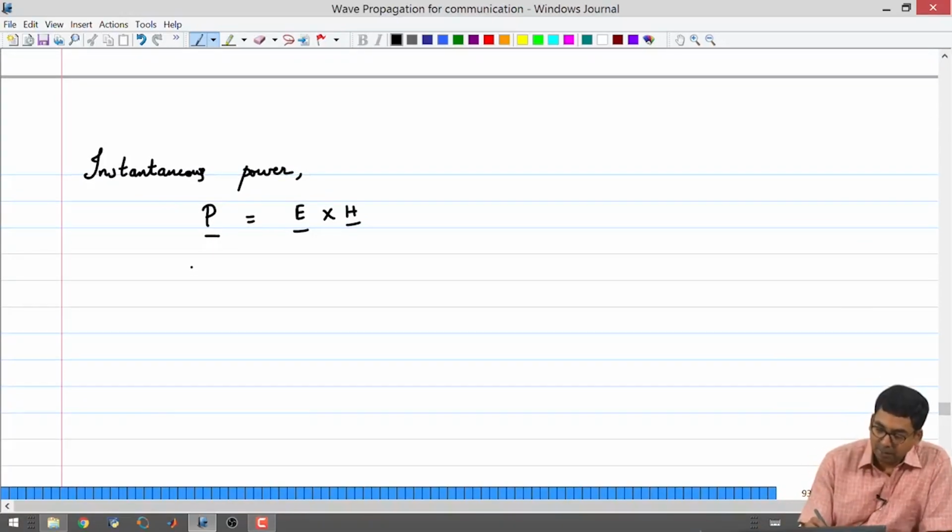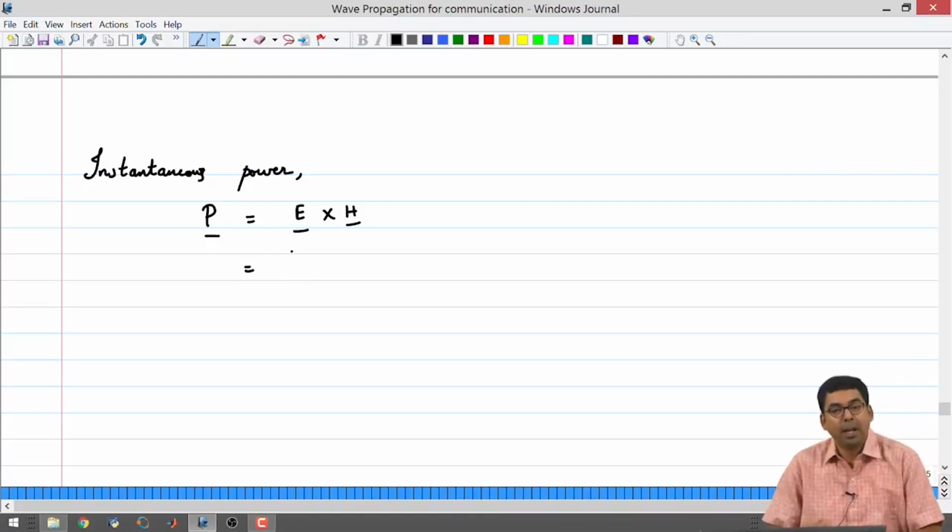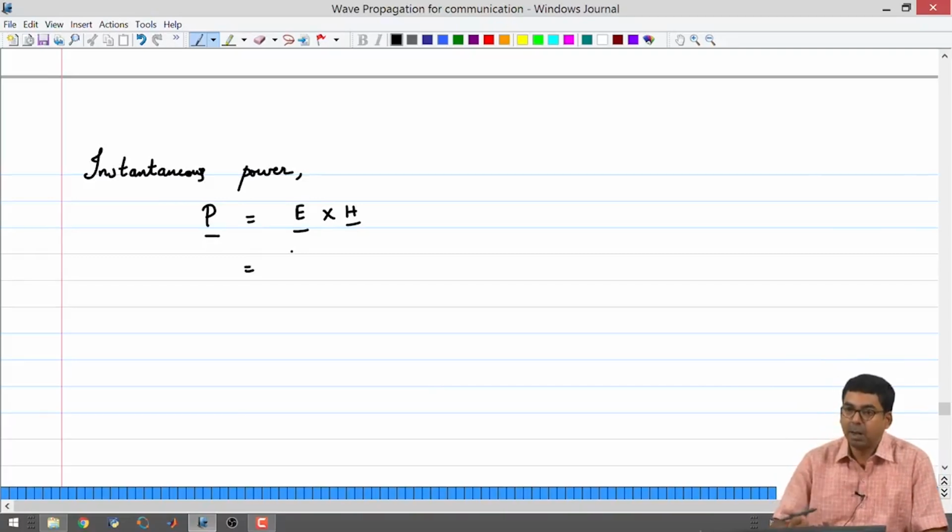Okay. And we have already written down the expression for the electric and the magnetic field. So, we just substitute the cosines that we have just written. We have written E naught cosine omega t plus phi e, right. Similarly, we have written an expression for the magnetic field with the real part, right.